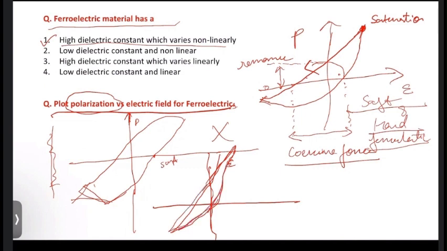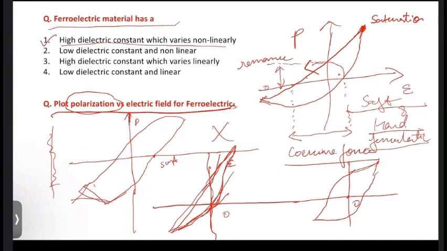Everything remains the same, plotting on the same axes, this is 0, this is 0, this is not passing through 0. And for this one we have to make larger polarization. Do you understand the difference?